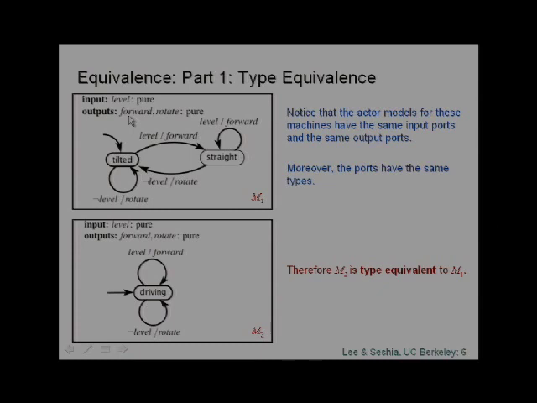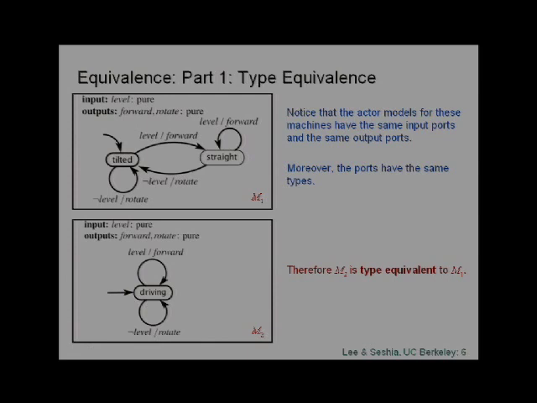and they have the same types. Okay, so if you simply looked at this as an actor, if you looked at the actor model of this system, then it would have the exact same actor model for the top as well as the bottom, right? So let me just draw it on the board.